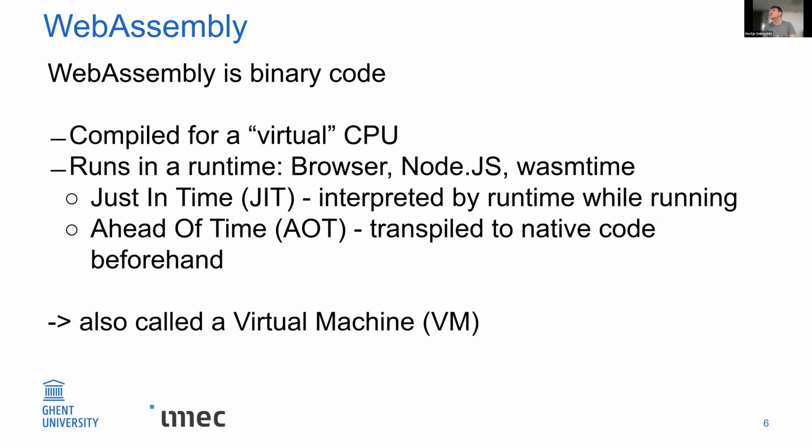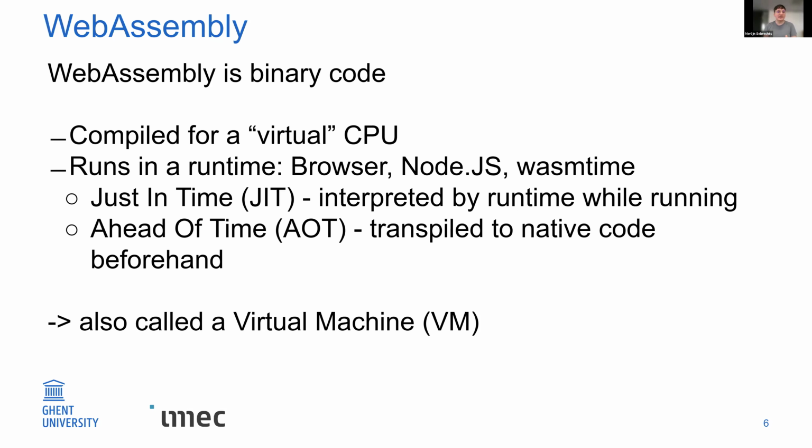Because it's a virtual CPU architecture, it always needs to run inside of a runtime. These runtimes typically have been a browser or the Node.js runtime, but very recently we have seen a lot of Edge and IoT focused runtimes.